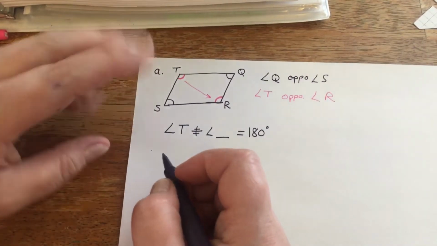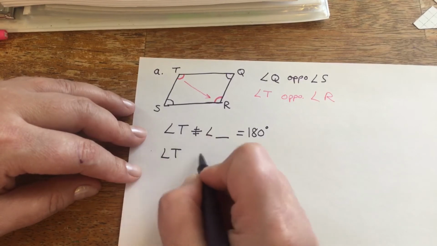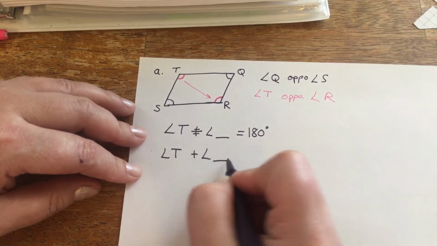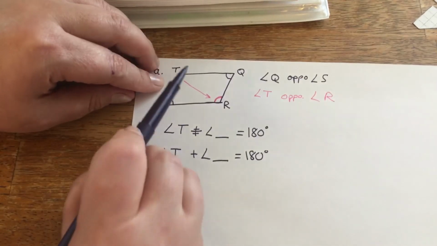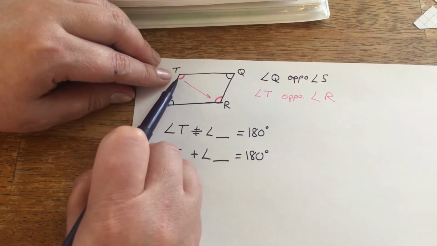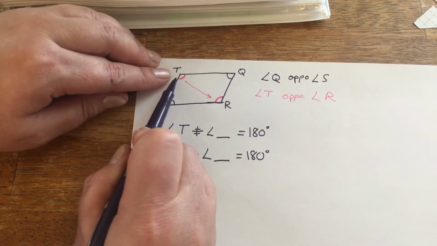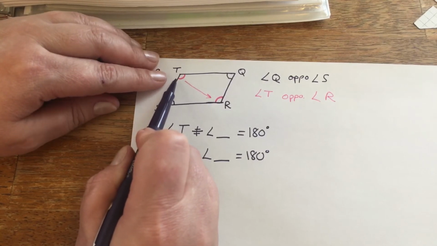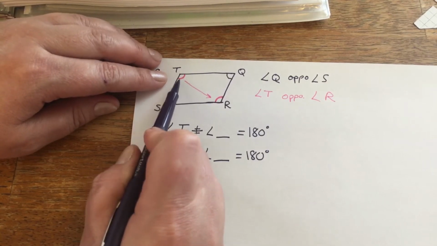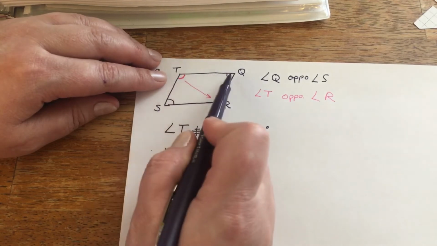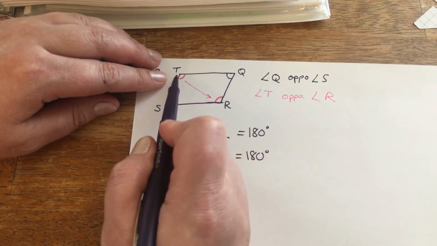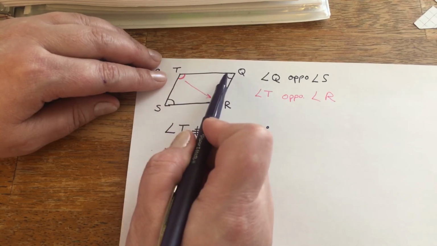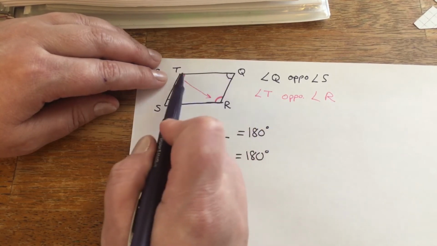But it says two measures. So angle T plus angle something else equals 180 degrees. So let's see. This is angle T. And then remember the other property of parallelograms was the adjacent angles, the angles that share a side, the side-by-side angles, were supplementary. Remember?